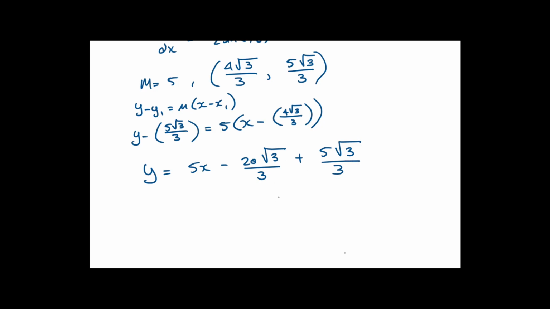So this is going to be 5x minus 15 square root 3 over 3. It's minus 15 because this is a minus here. Positive 5, negative 20. It's negative 15. Okay. They're going to cancel. They're going to go to 5.